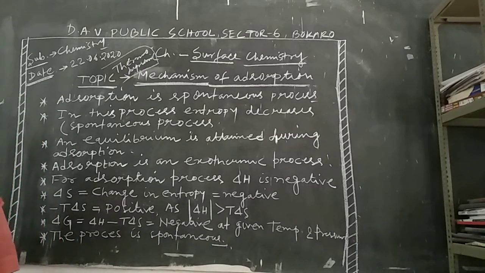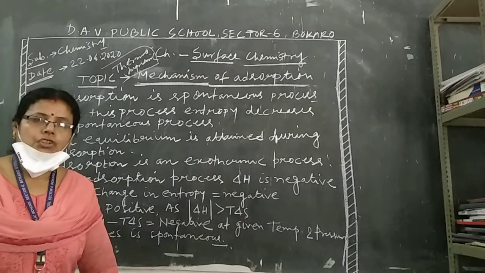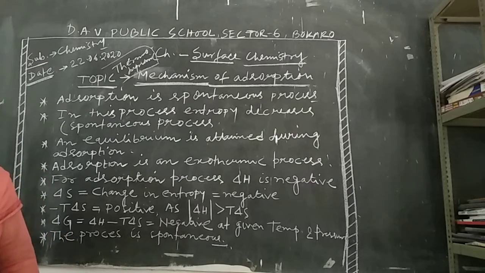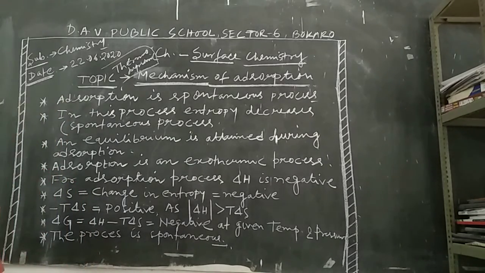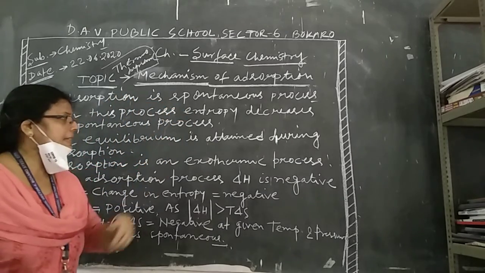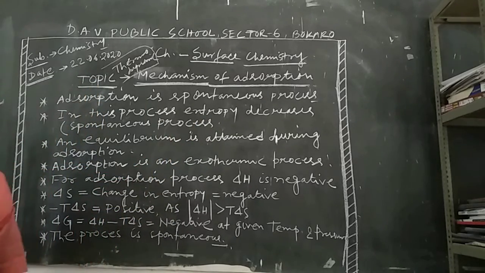I told you that when water vapor is adsorbed on the surface of silica gel, water vapor means it is in the vapor state, the gaseous state. So in the process of adsorption, there is an entropy decrease.